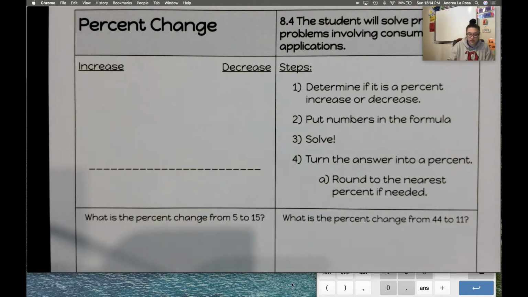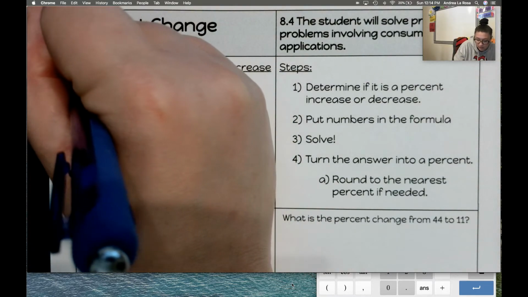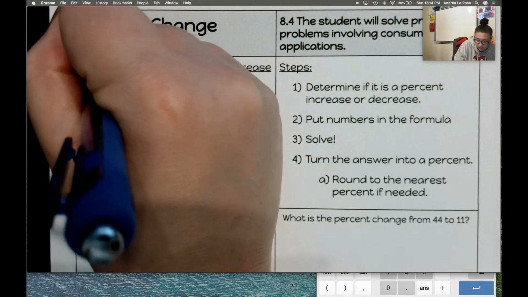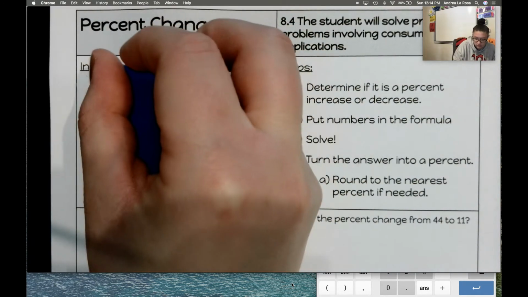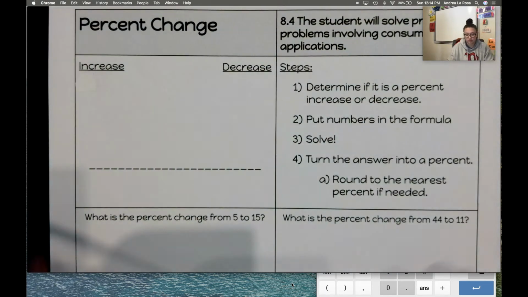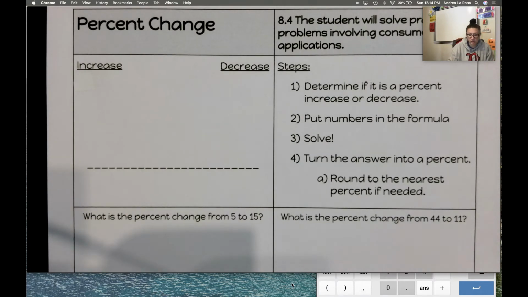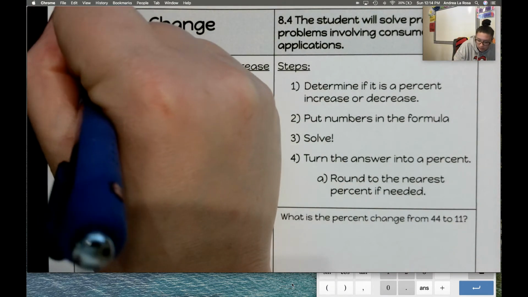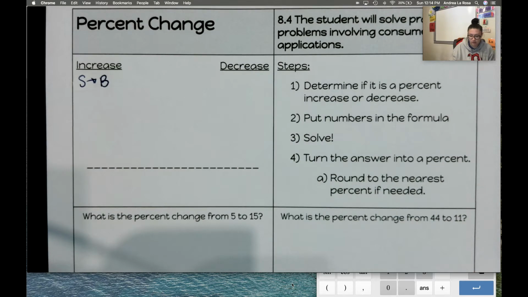If it's a percent increase, my number is going to go from small to big.